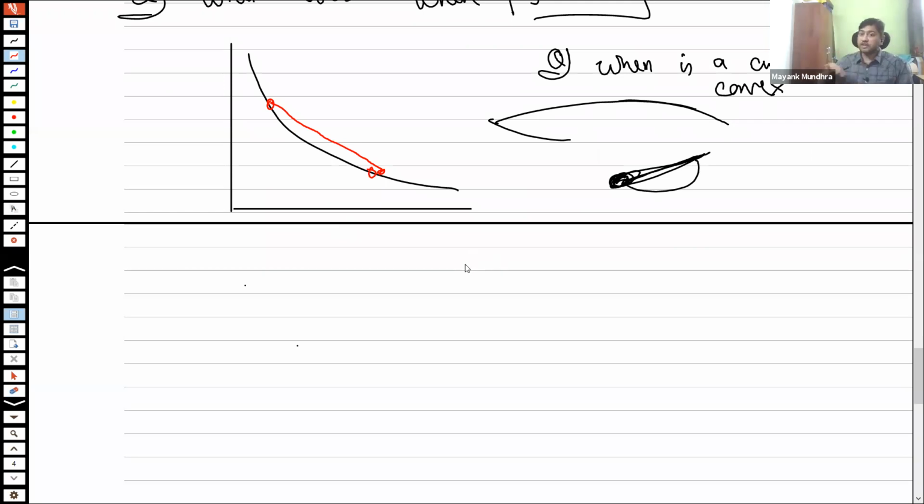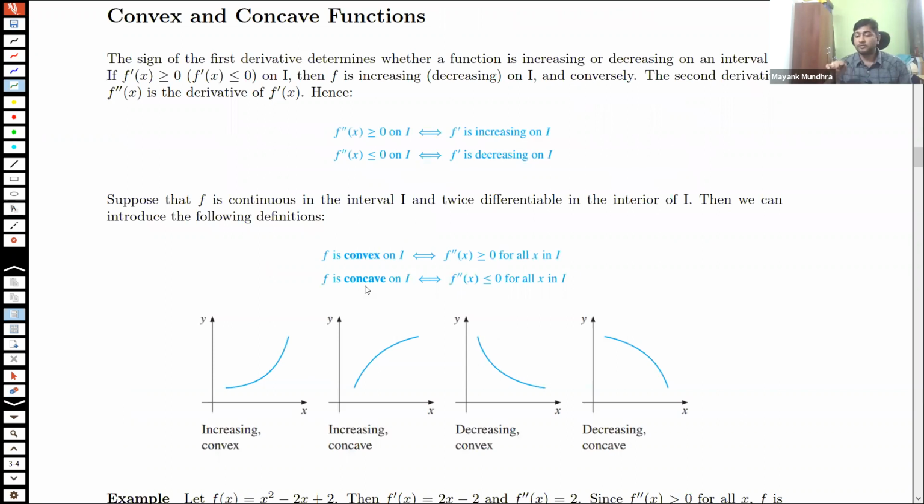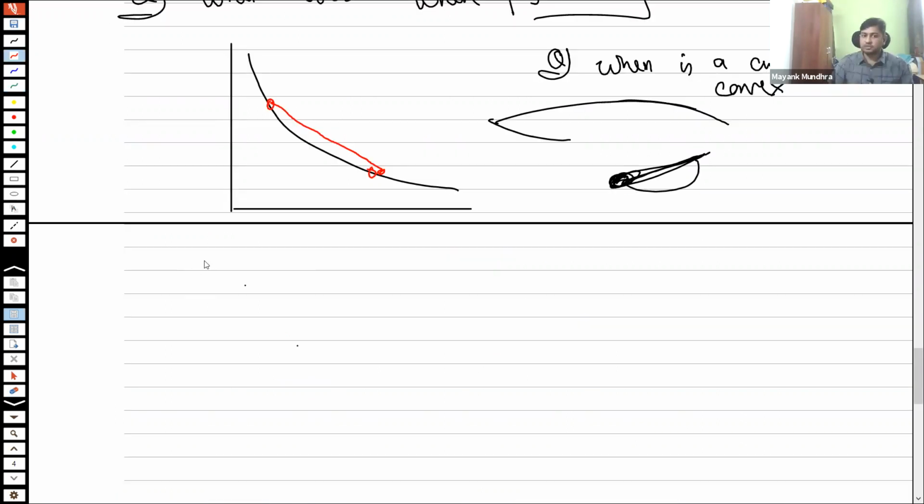But that's the idea. This definition of a line segment lying above the curve is true for the multivariate case. Now I want to look at how that relates to derivatives for a single variable function. These definitions of convexity and concavity only apply for single variable functions. You all know what single variable functions are, right?